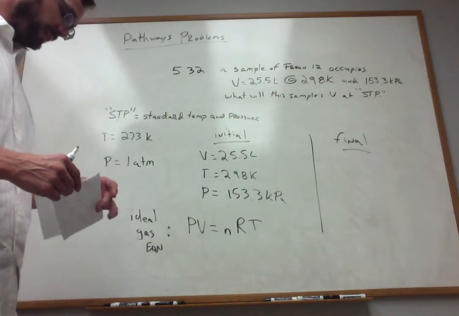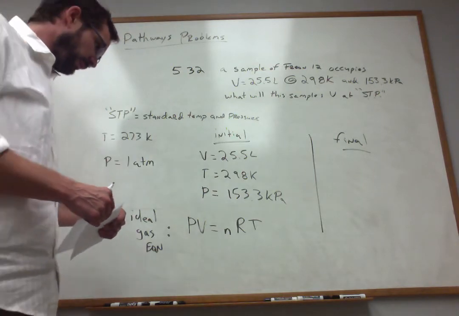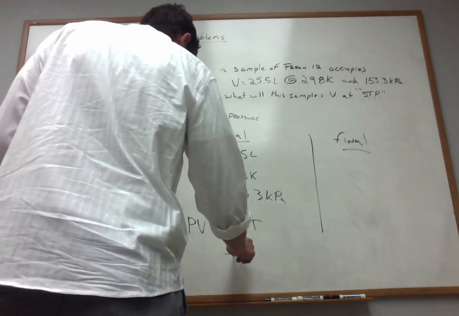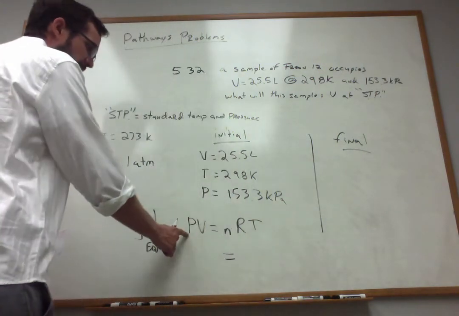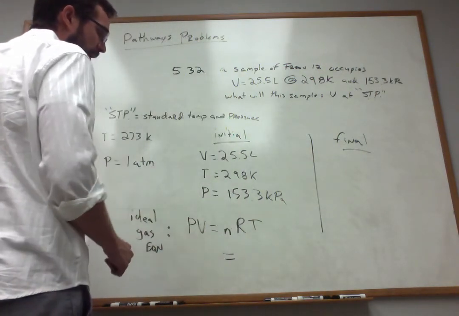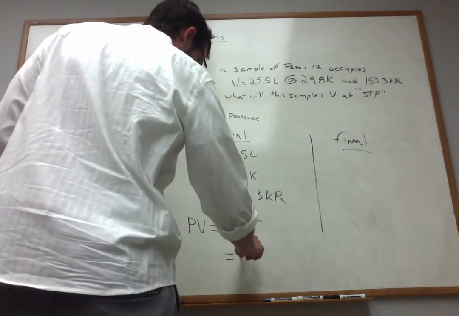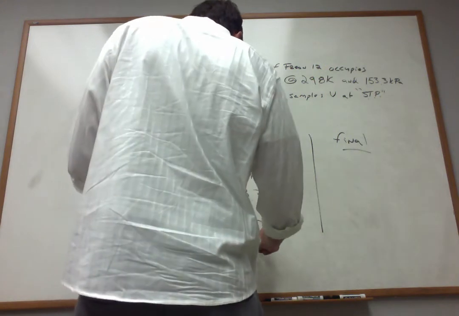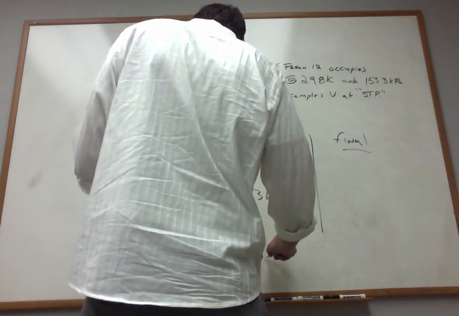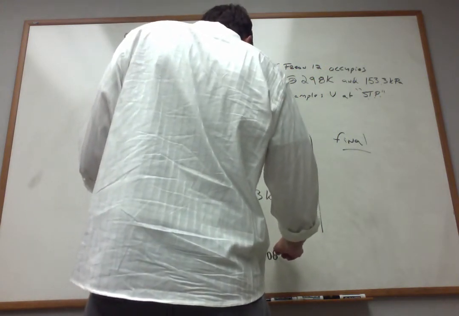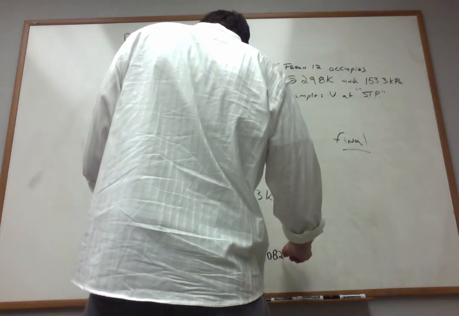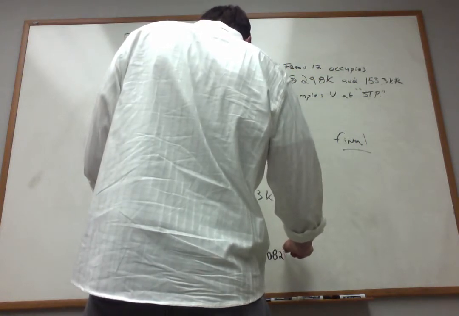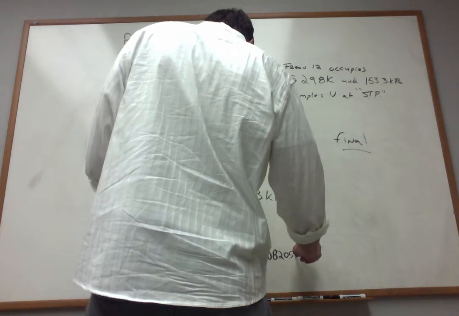So let's take a look at where we're at and where we need to go. Pressure times volume, PV, right? Now, if I'm going to solve for n in moles, I'm going to use R, the one that's given in your book, or the most common value. There are several values given in your book, but the most common value for R is 0.082058.